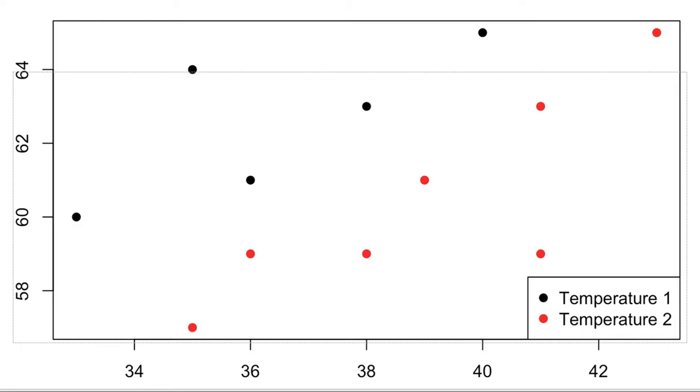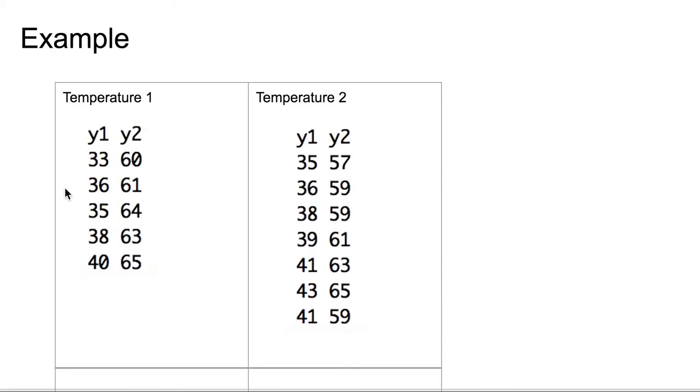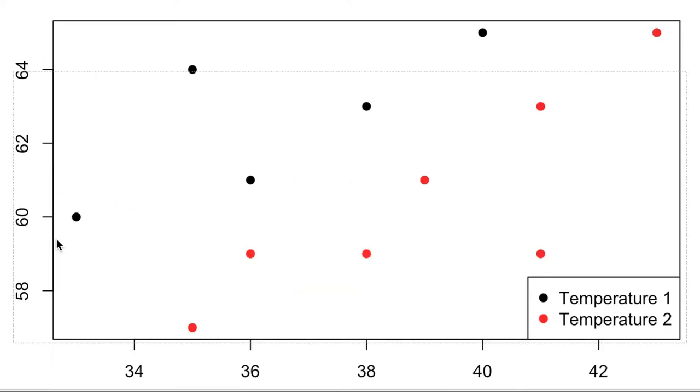In this video, we're gonna visualize our example and take a look at how we use the LDA to do the group classification. Previously, we have two temperature matrices, and in my image, I try to plot them. The black dots belong to temperature 1, and the red dots belong to temperature 2.